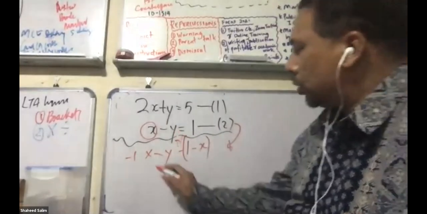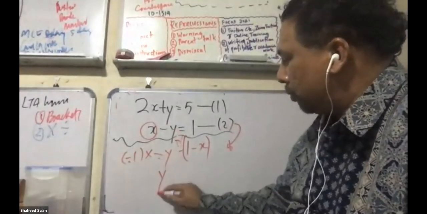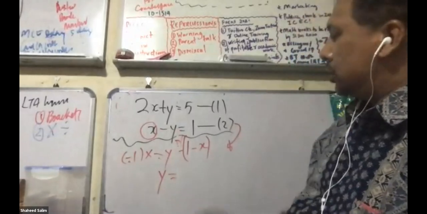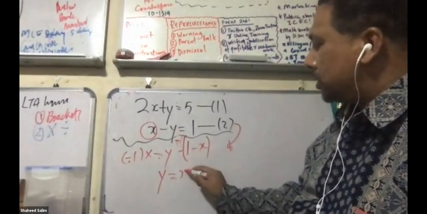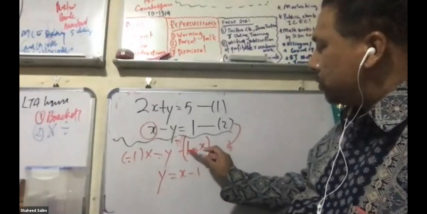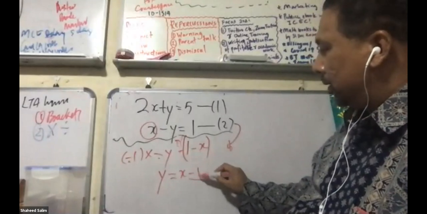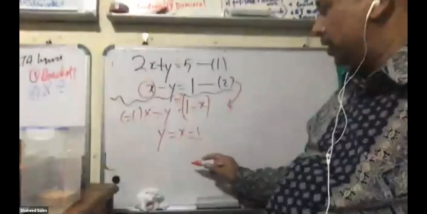When you times -1, negative times negative gives you positive, and 1 minus x becomes x minus 1. Minus times plus gives you minus, minus times minus becomes plus. So watch out what happened actually.